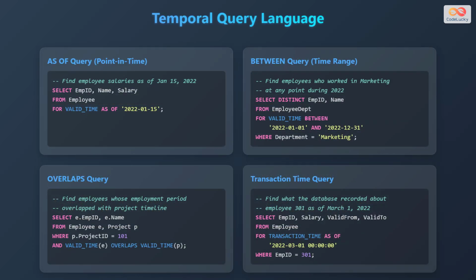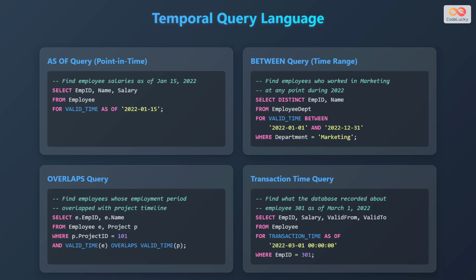Temporal databases require specialized query languages to effectively retrieve time-based data. Here are some examples. First, an AS OF query retrieves data as it was at a specific point in time. This example finds employee salaries as of January 15, 2022. Second, a BETWEEN query retrieves data within a specific time range.